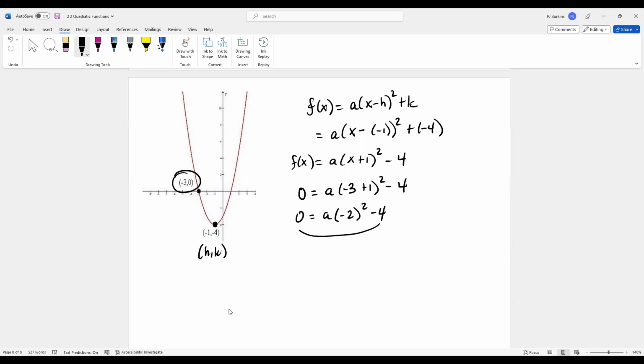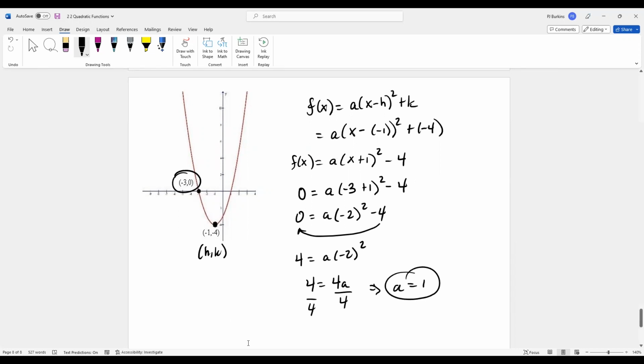I'm going to go ahead and move this negative 4 to the other side by adding. Negative 2 squared is also 4, so I have 4 equals 4a. Dividing both sides by 4, I get a is 1.